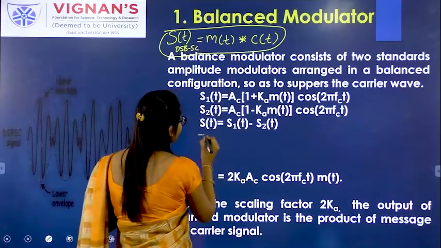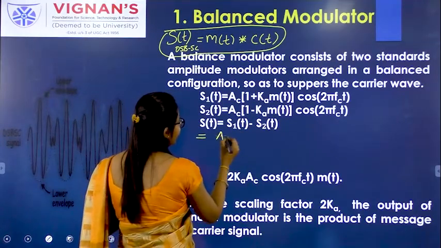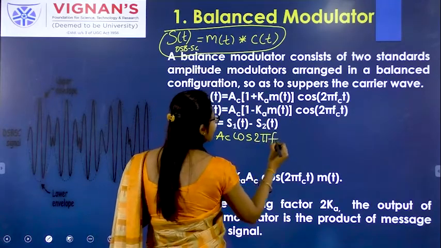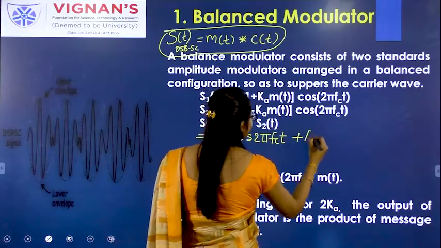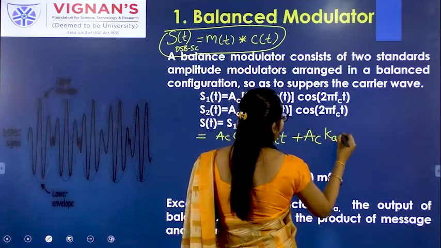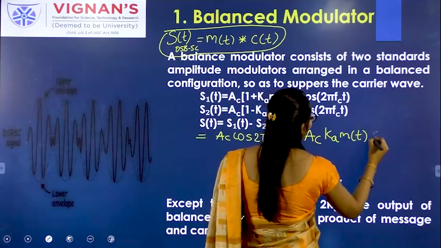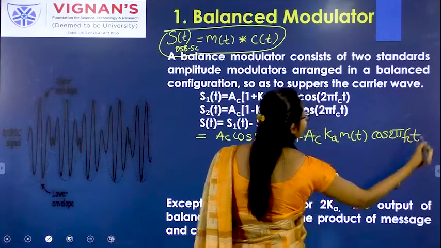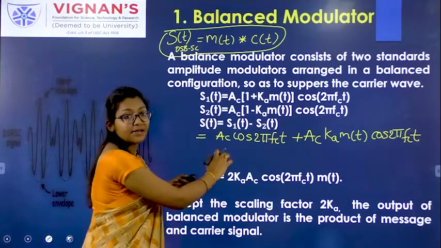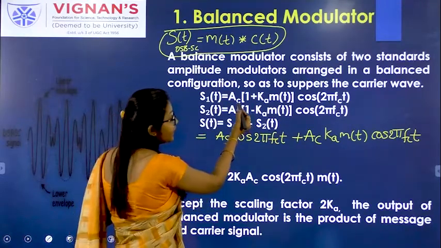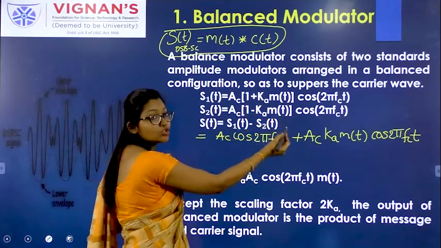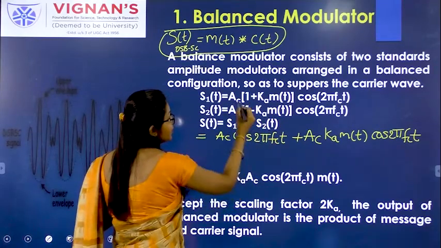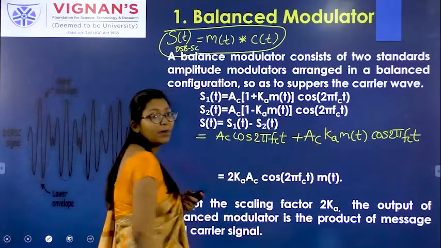Just substitute what S1 of t is here: AC cos 2 pi fct plus AC Ka m of t cos 2 pi fct, right? For S1 of t I substituted here. What is S1 of t? AC into 1 plus Ka m of t cos 2 pi fct. So I just multiplied: AC cos 2 pi fct plus AC Ka m of t cos 2 pi fct.